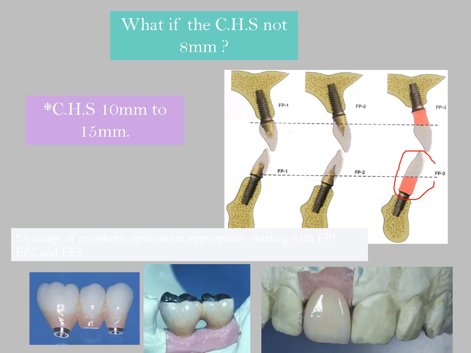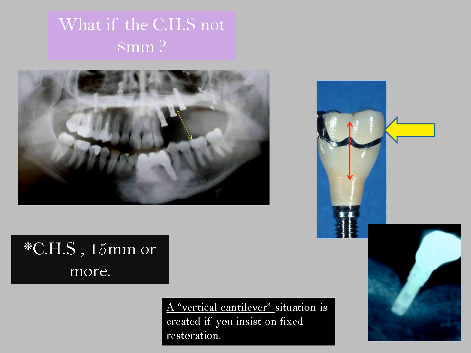Okay, what about FP3? FP3, as we said, is a prosthetic option that restores the crown itself and the gingiva. So if you have the crown and the gingiva, this will be 10 millimeters to 15 millimeters. If you have a huge space like this, go for screw retained, don't go for cement retained.